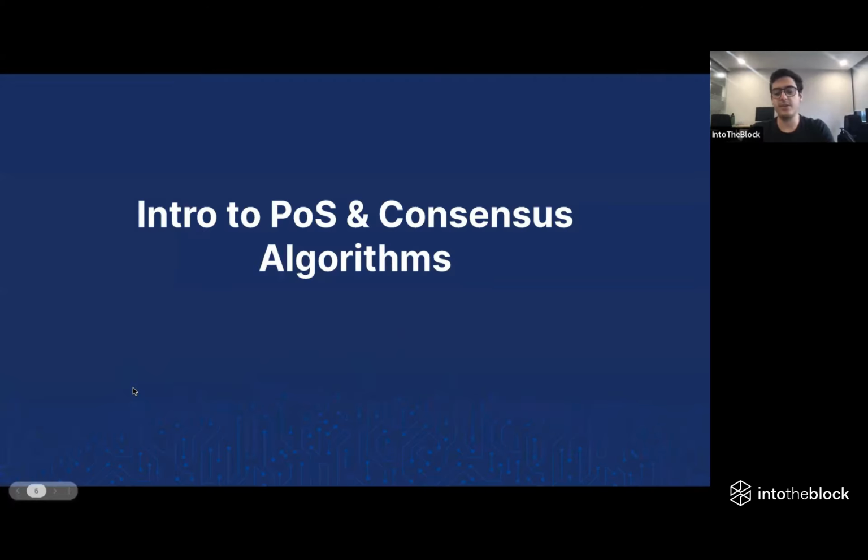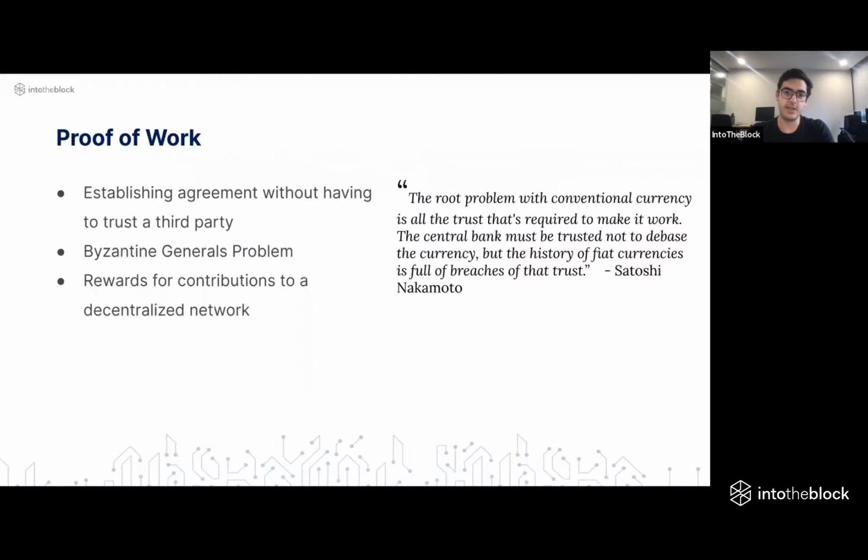All right, so without further ado, let's dive into consensus algorithms. So before proof of stake, as many will know, there was proof of work. This was one of the main innovations behind Bitcoin, and it involves balancing incentives in a decentralized way without having to trust a third party.